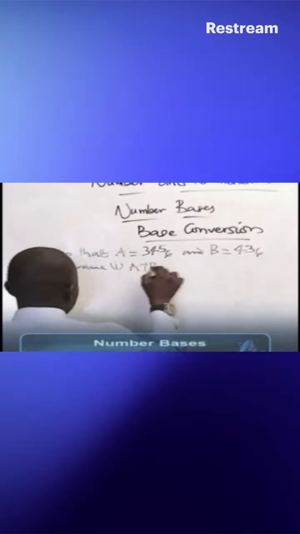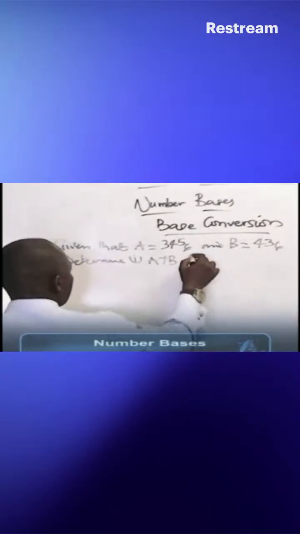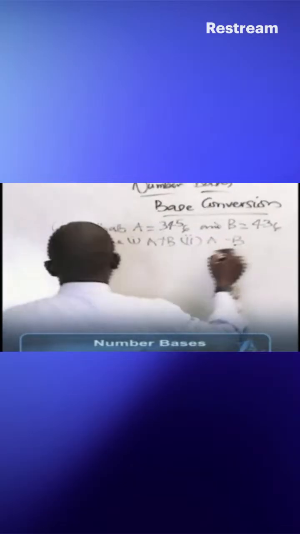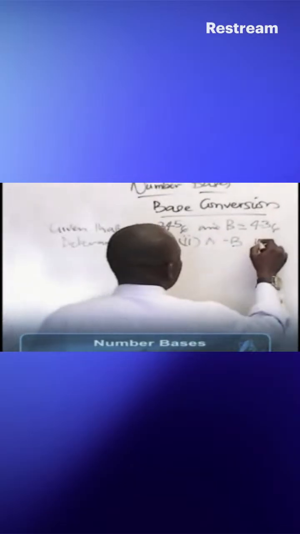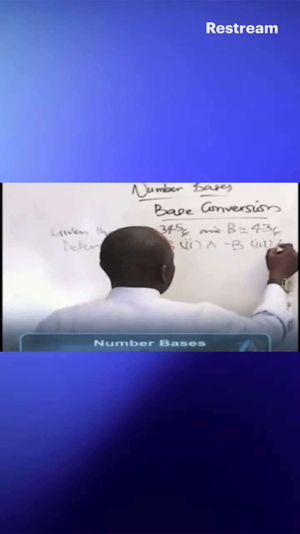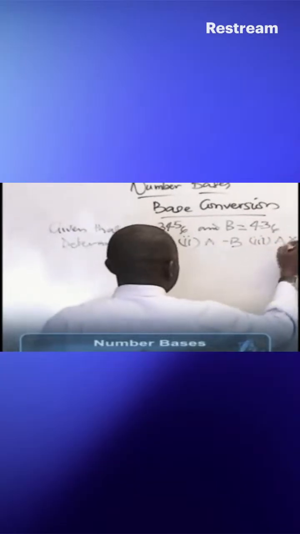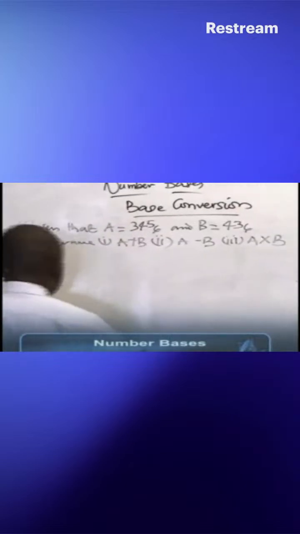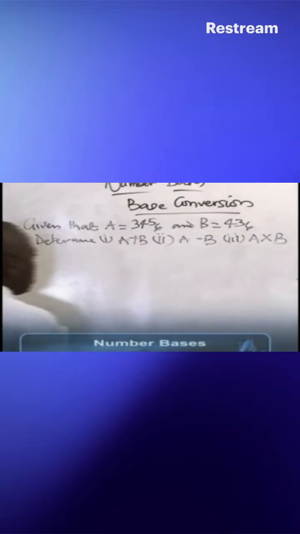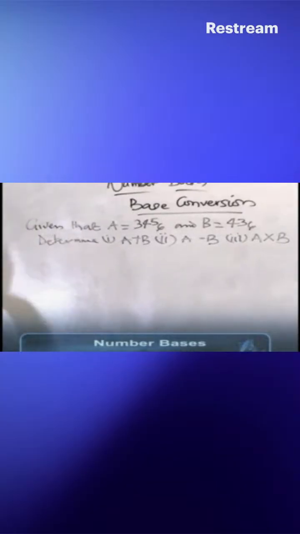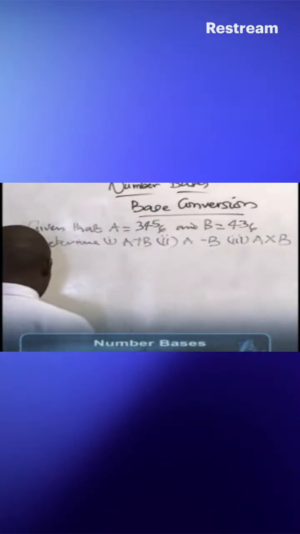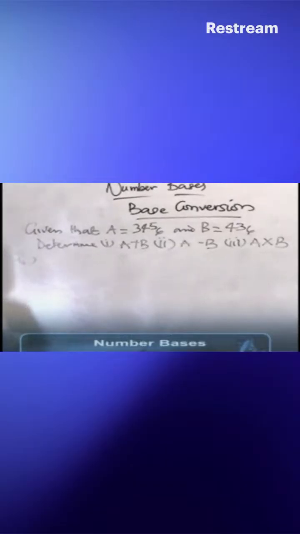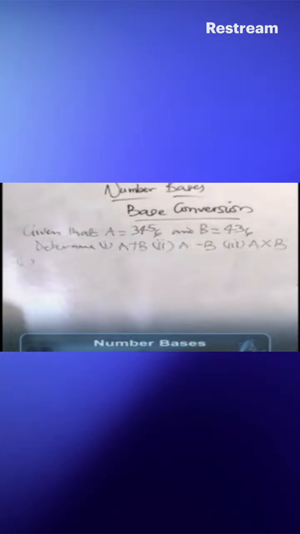A plus B, 2. A minus B, 3. A times B. Determine A plus B, which is addition, A minus B, which is subtraction, and A multiplied by B, which is multiplication. Now the first one we do is the addition, A plus B.